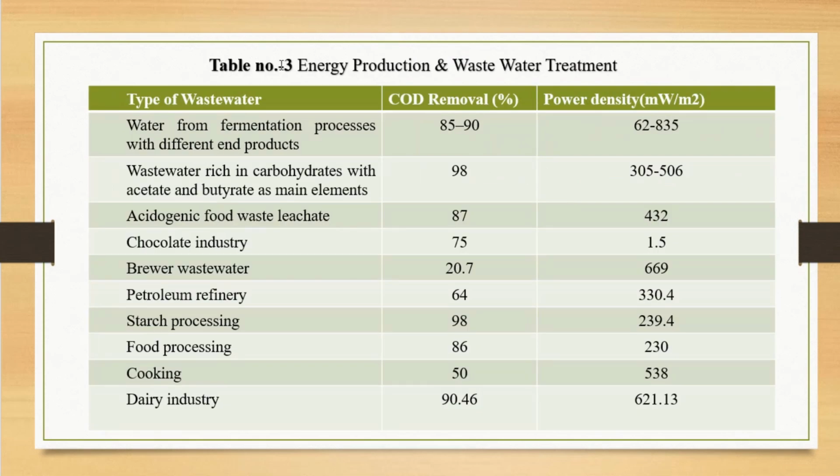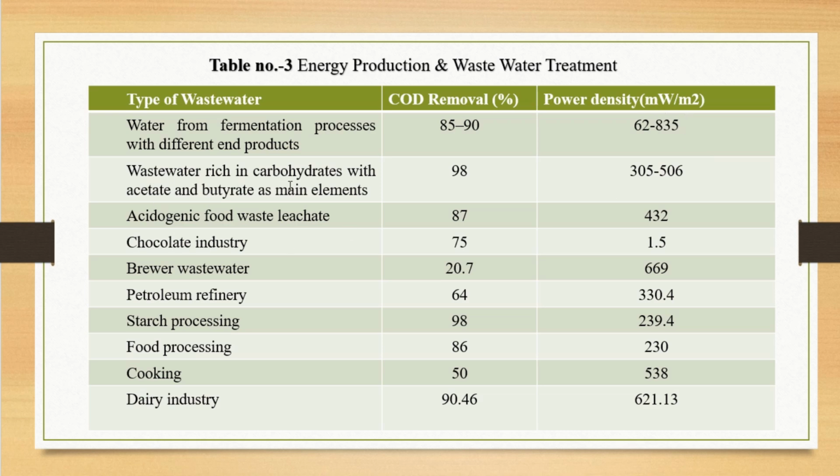So these research scholars shared the result, and the result was following. They categorized types of wastewater, and they calculated COD removal efficiency and power density in milliwatt per square meter. When water from fermentation processes with different end products was treated with microbial activities and microbial fuel cells, the COD removal efficiency was 80 to 90%, and power density is 62 to 835 milliwatt per square meter.